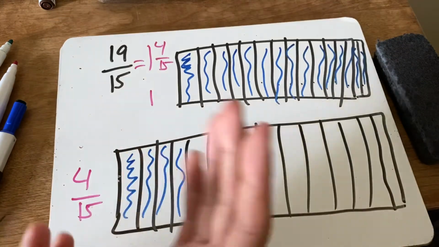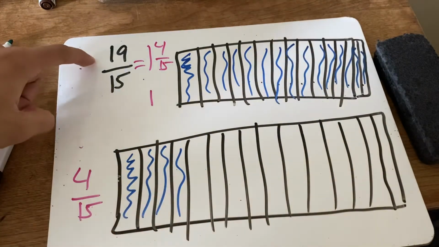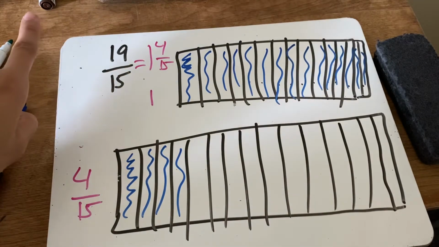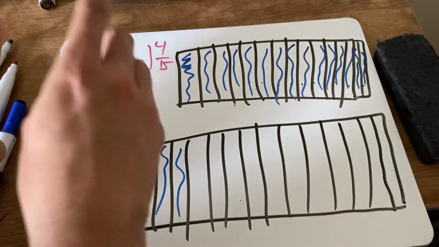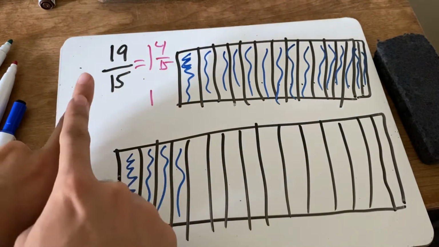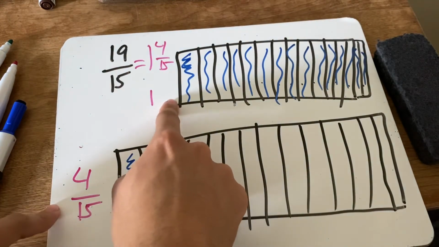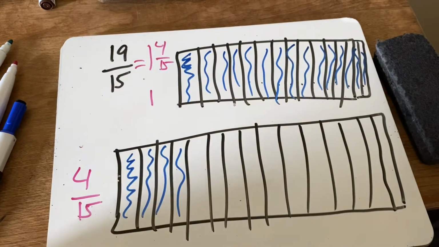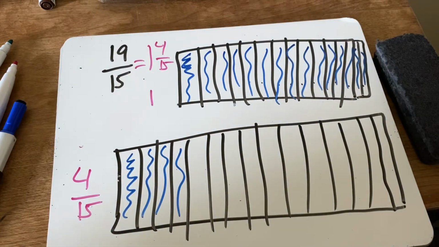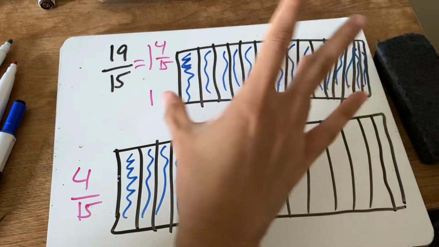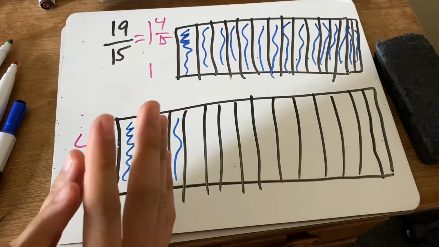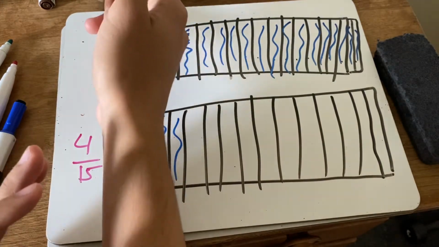So, hopefully you're starting to notice that if I have 19 over 15, that means one whole is going to get filled up, and then the other fraction will be 4, because I have 4 left over. So it's going to be one whole and then 4 15ths, okay? These little things just make your work go a lot quicker, all right? But if you think that drawing the whole thing is easier for you and that makes sense, cool, go for it. But from now on, we're going to start doing this a little bit mentally, all right?